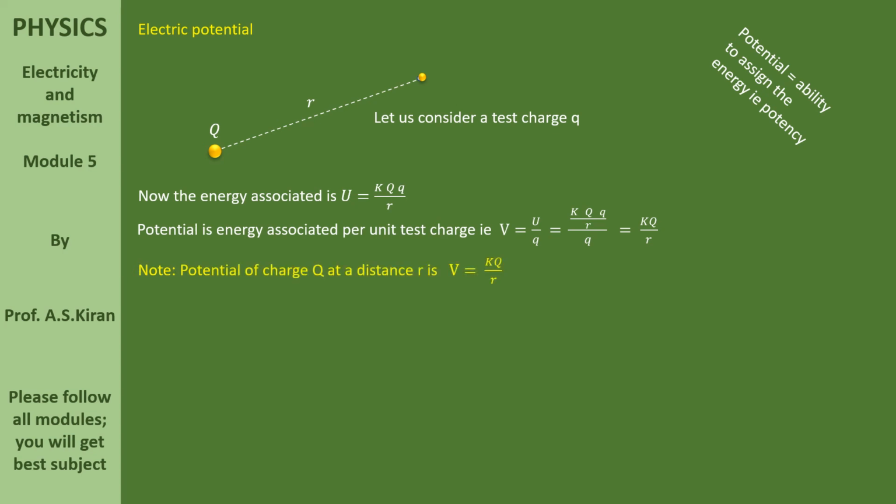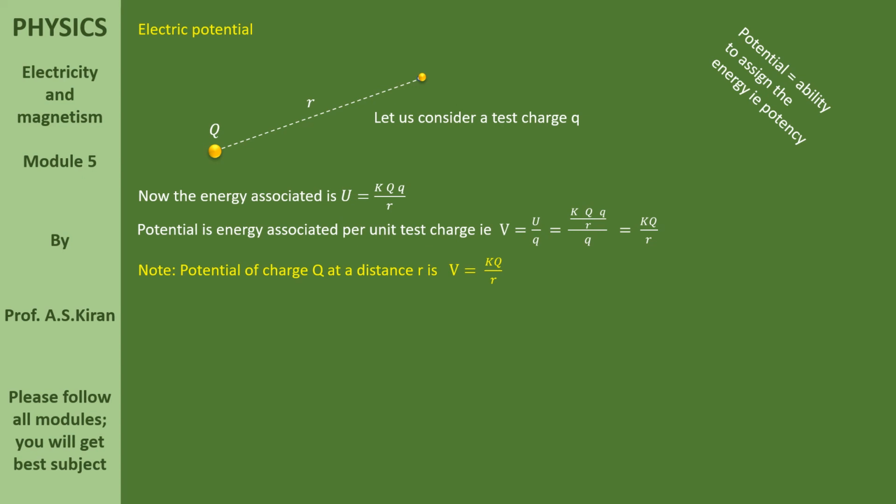Remember it as a note. Potential of a charge Q at a distance r is V equals KQ by r. Don't bother about the test charge now. You are given only the charge capital Q, and a location at a distance r.